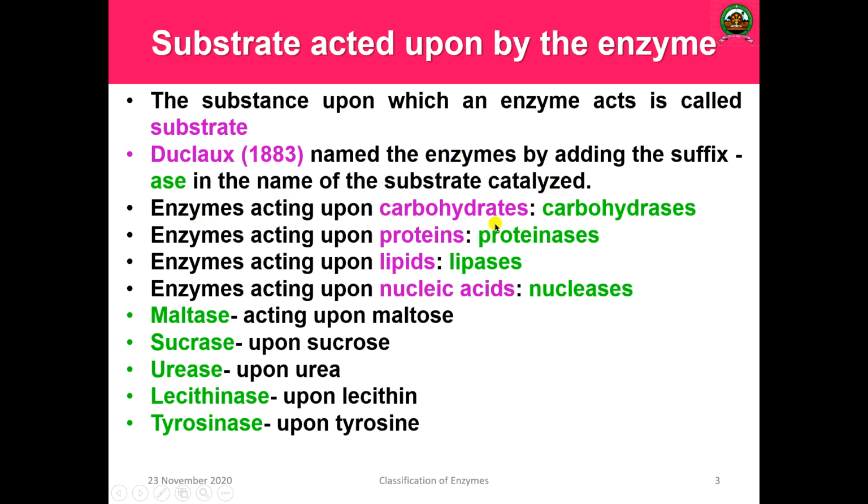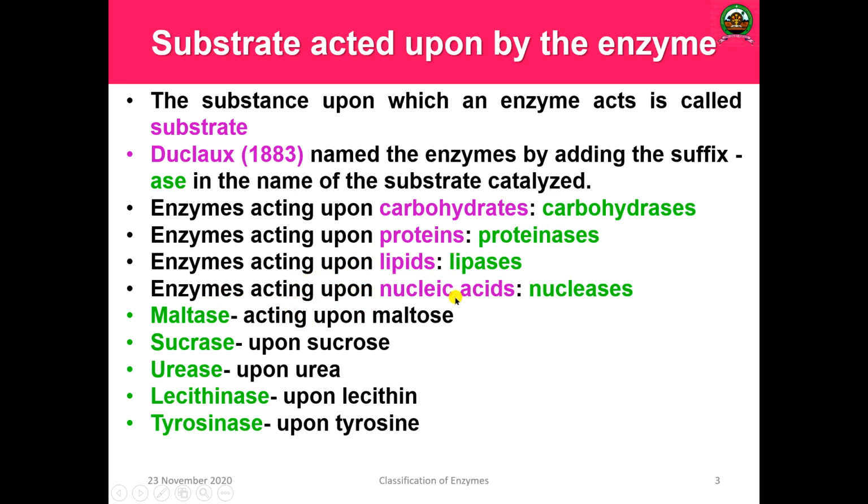For example, an enzyme acting upon carbohydrates: carbohydrates are the substrate, and the enzyme is carbohydrase. The enzyme acting upon protein is proteinase. The enzyme acting upon lipids is lipase.